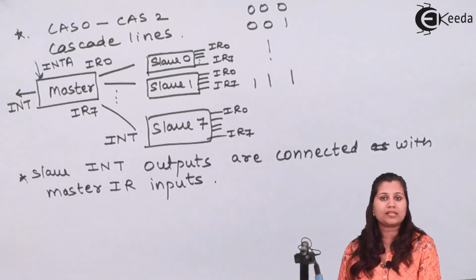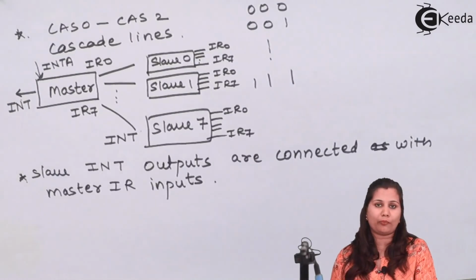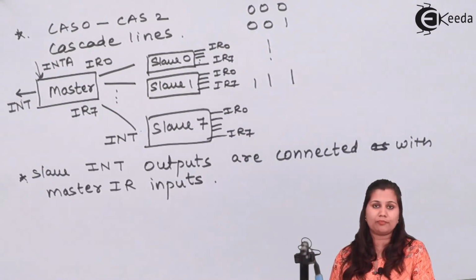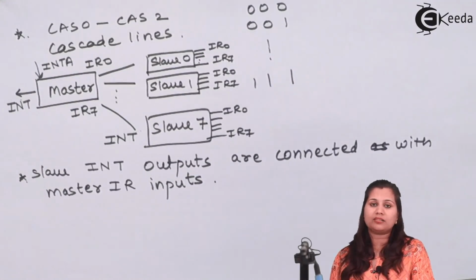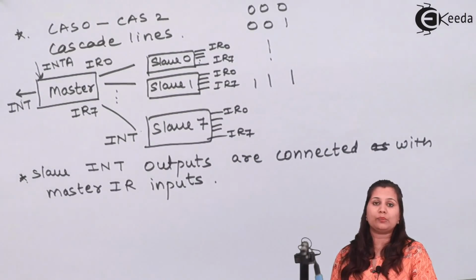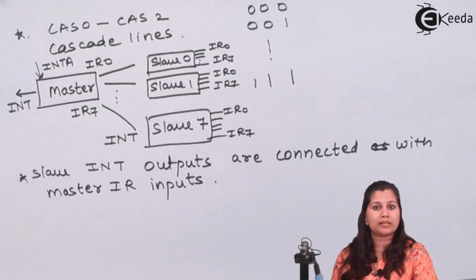In this video, we studied the various modes of operation of the programmable interrupt controller. There were 12 modes of operation. First was the fully nested mode. Then we studied the end of interrupt mode and automatic end of interrupt mode. Then automatic rotation and specific rotation.